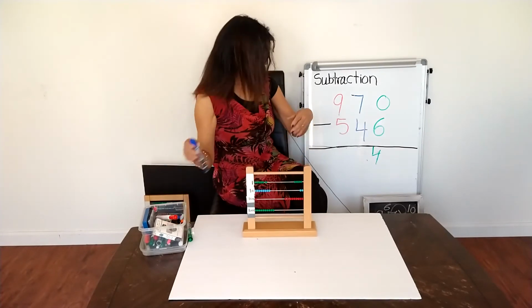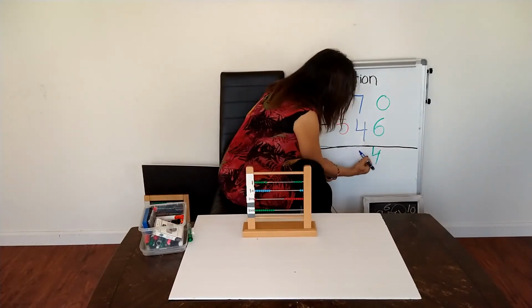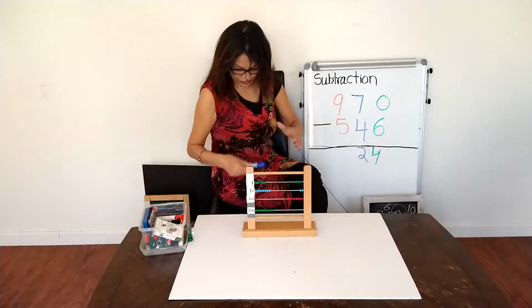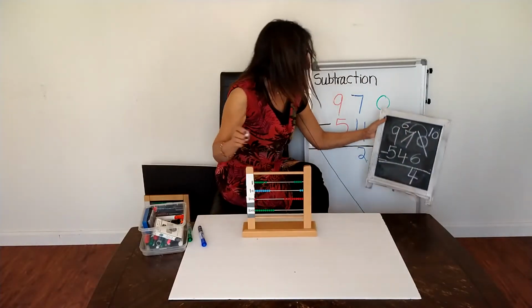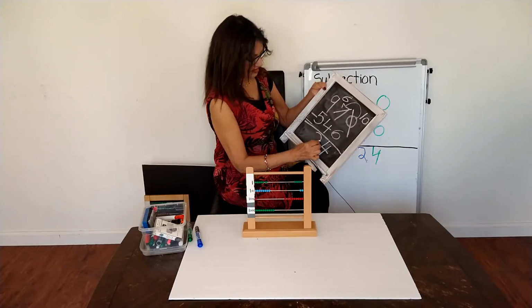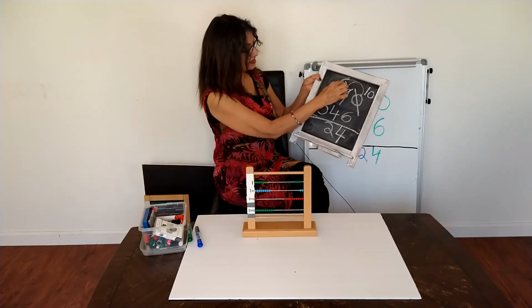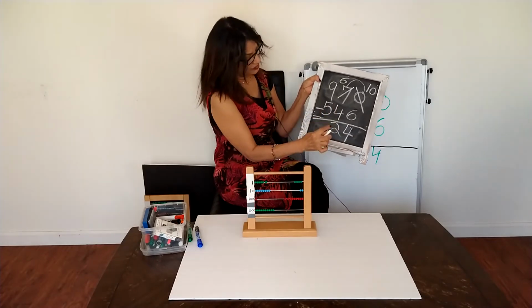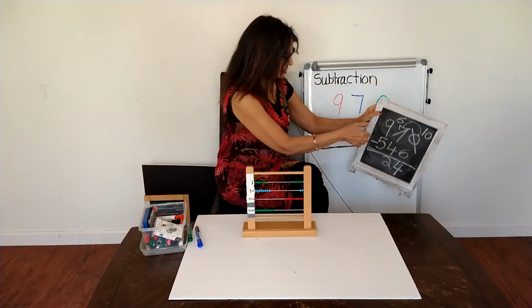Let's write it down here, 2 tens. I am going to write on here also 2 tens. So we have 6 tens, give away 4 tens. We got 2 tens here.